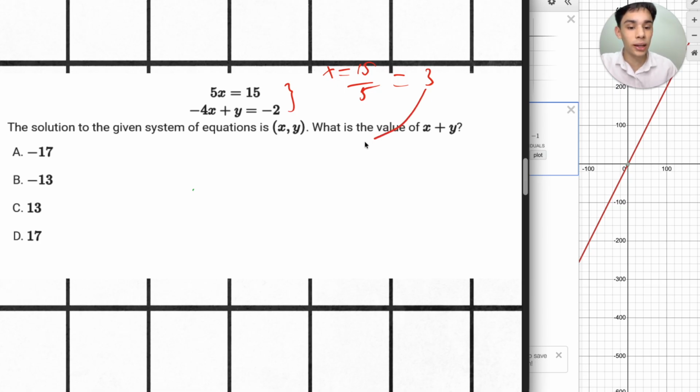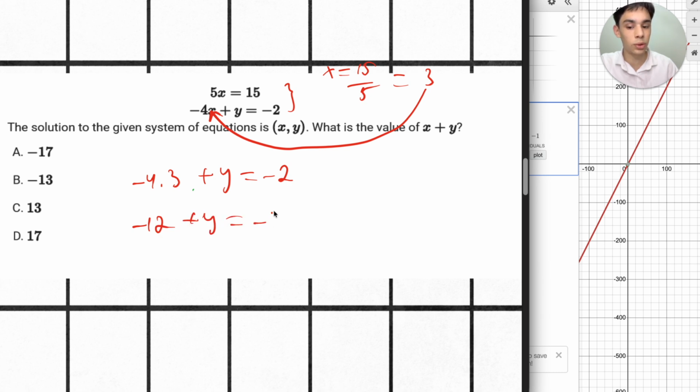I can plug this 3 right here instead of x. -4 multiplied by 3 plus y equals -2. -4 multiplied by 3 is -12, plus y equals -2. And let me just throw this -12 to the other part, and because I'm throwing it to the other part, this sign will change to plus sign. So y equals -2 plus 12, or just 10.